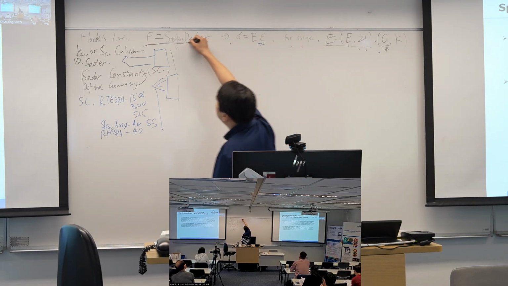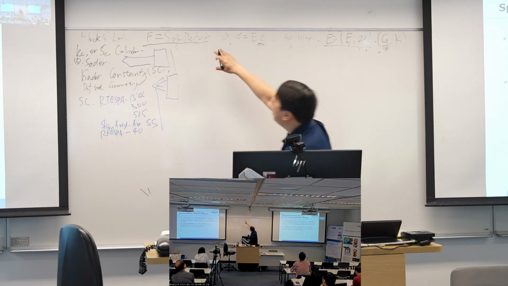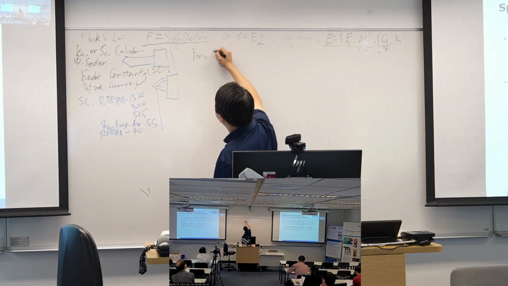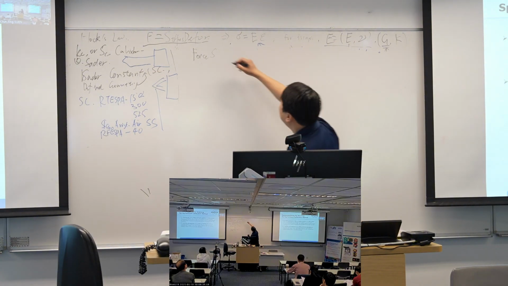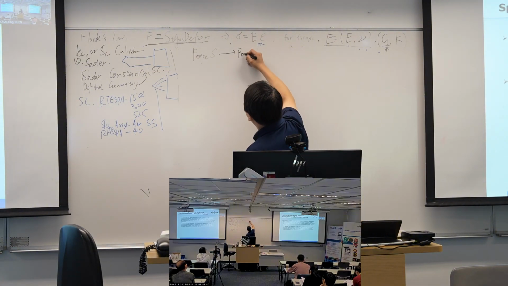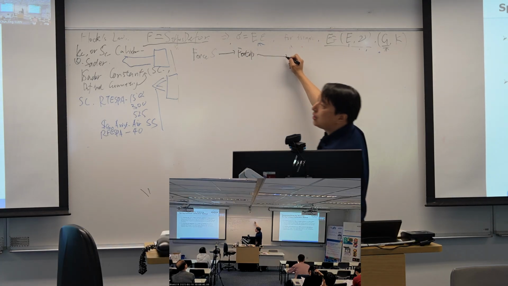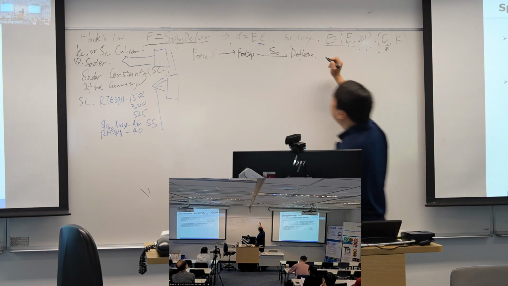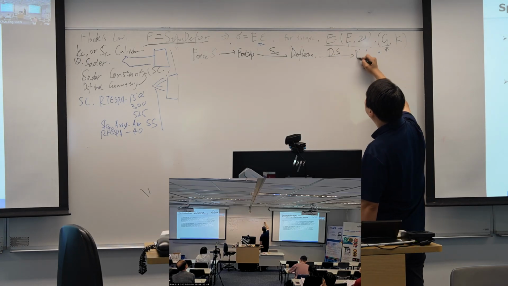We need the stiffness to get the force on sample out. The force on sample is again the force on tip. For the force on tip, we use the spring constant and the deflection. For the deflection, we use the deflection sensitivity and the vertical value.